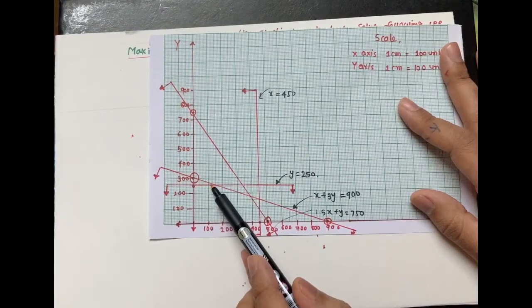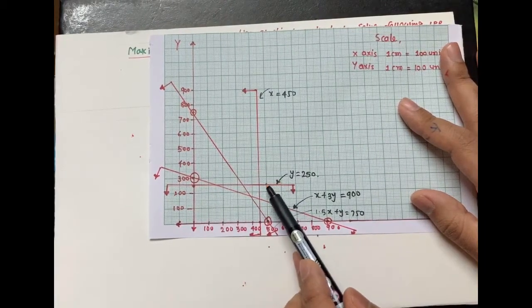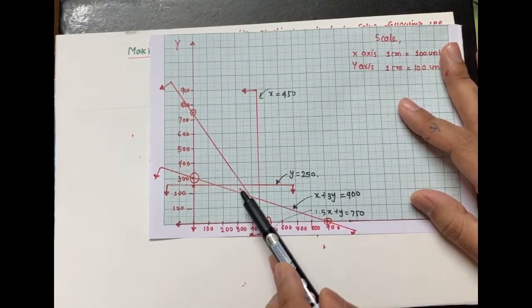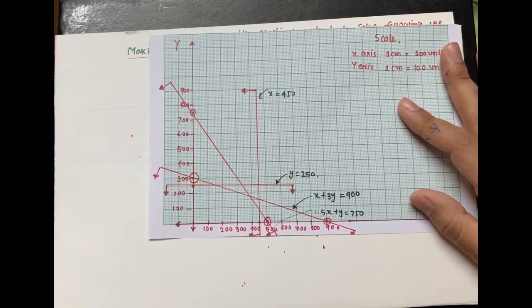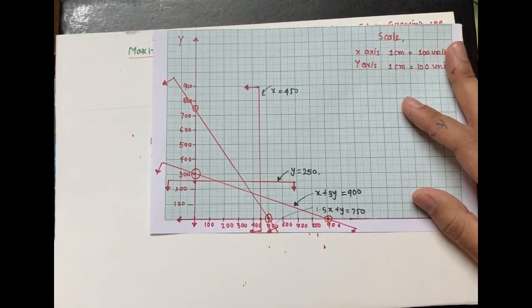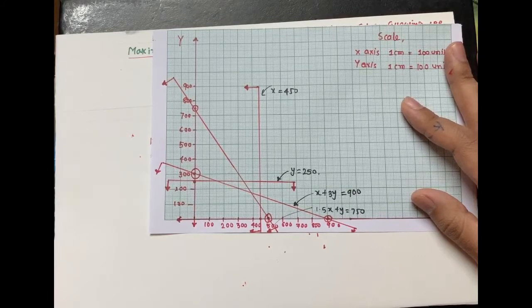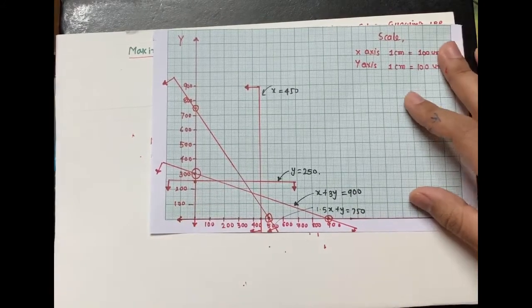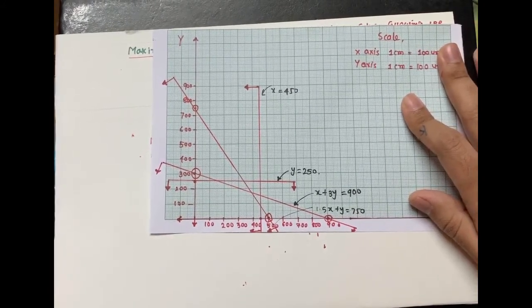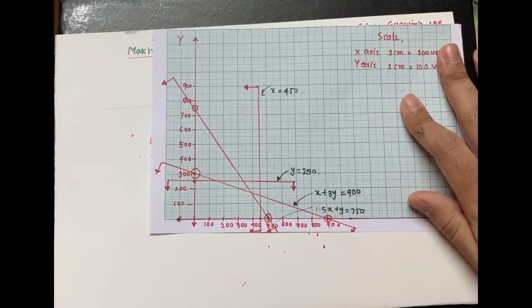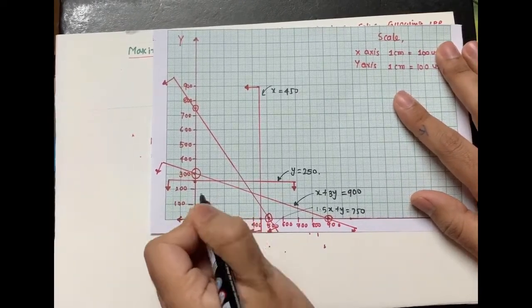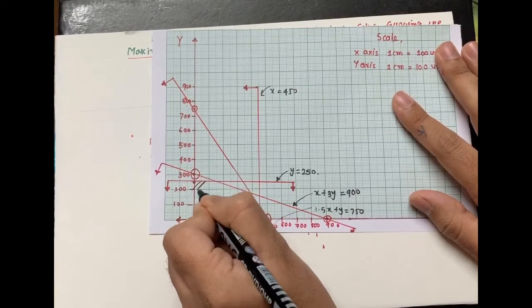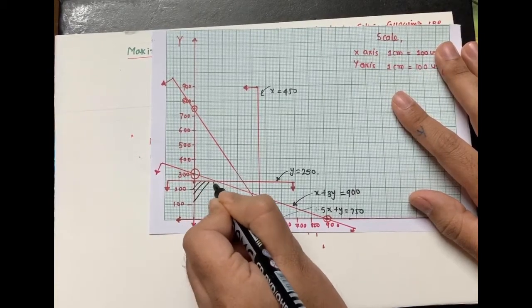Likewise, for the fourth one, the region below this line is the feasible region. So what is the common region of all this? The common region for all of this is this one. If I draw that using a hatch line, so this is the common region of all these lines.